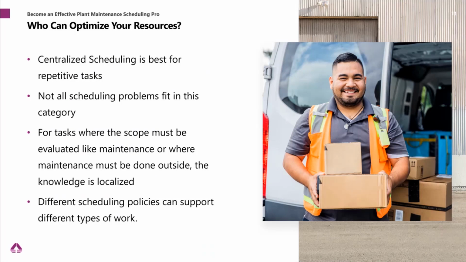But the important point is that we're taking into account the best method to optimize resources. Some of the knowledge might be centralized, and some of the knowledge might be local as well.